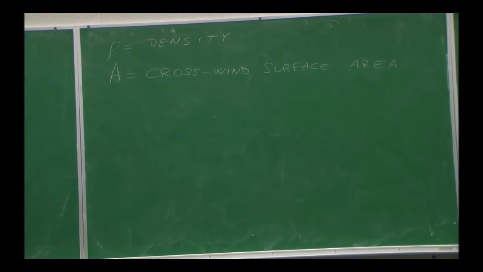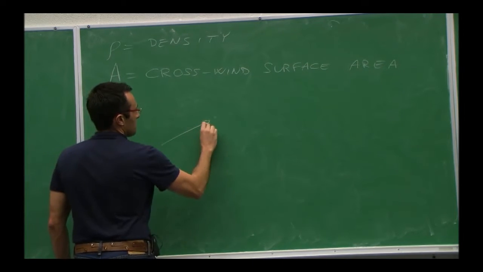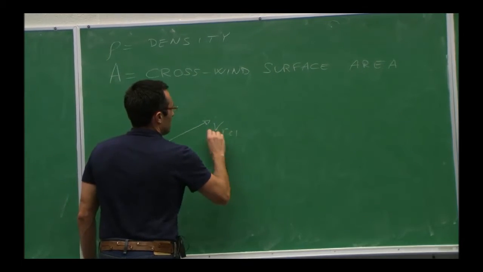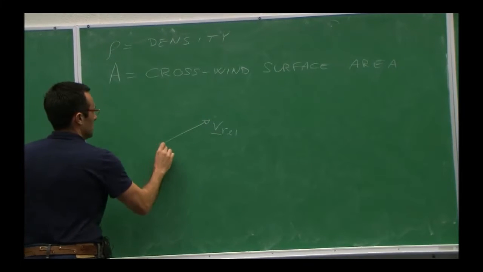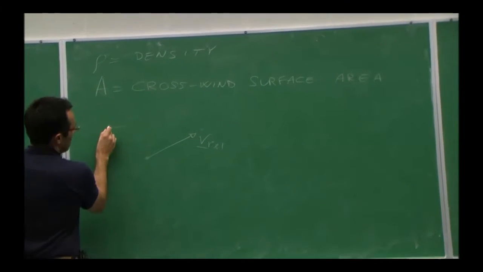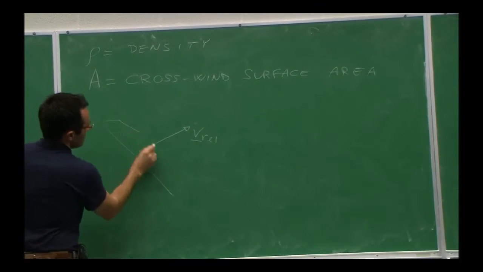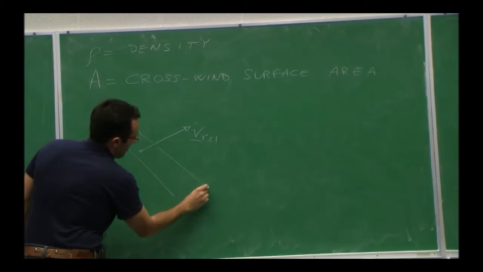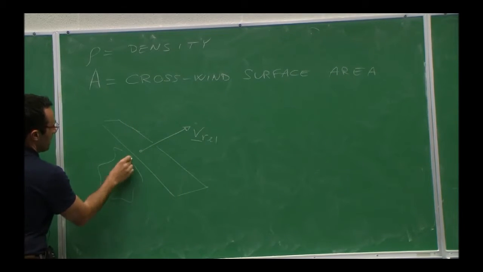to define, but it's a vector, and you project the surface of your spacecraft on the plane that is normal to that VREL. So say that this is your VREL vector at some time, and I don't know, this is the plane that is normal to VREL, right? And your spacecraft is here as a weird shape, whatever that is.